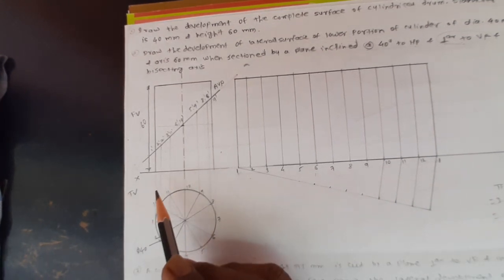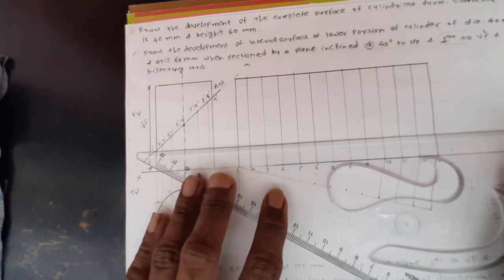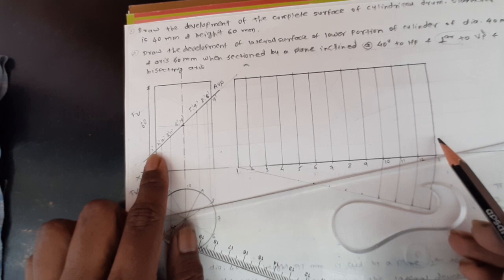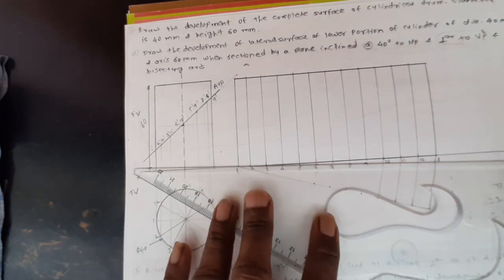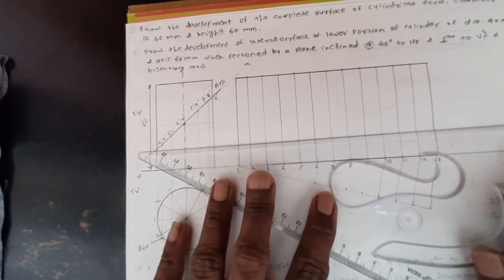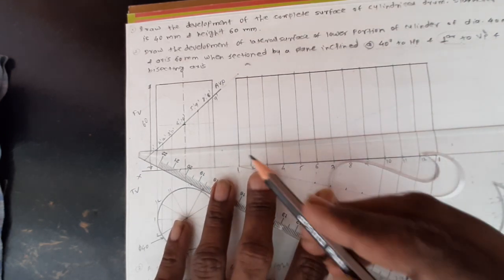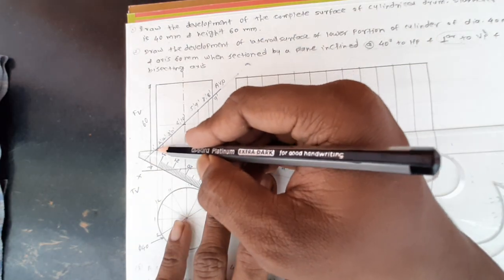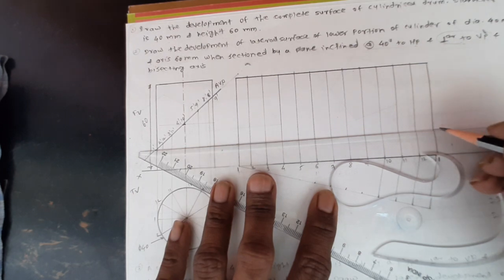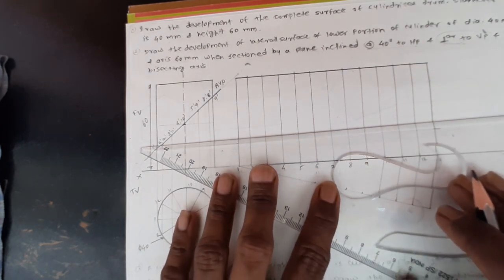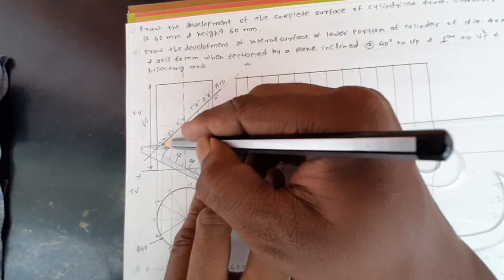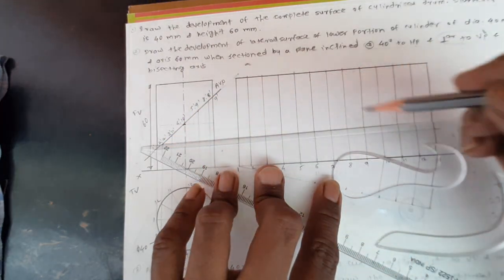Now we have to take the horizontal projections of these points on the corresponding vertical lines. What that means, let's see here, I am taking the projection of point 1 dash up to the line of 1. So here point 1. Now 2 and 12 dash, so here take the projection up to the line 2.